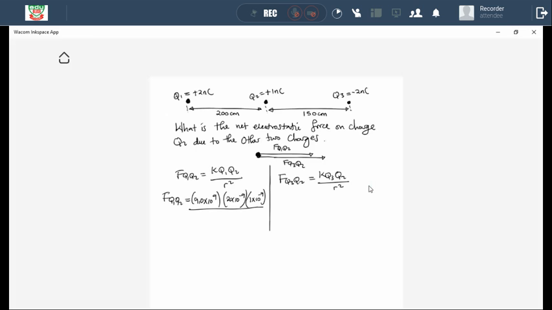Our distance is supposed to be in meters, that is centimeters, so you divide by 100 there, you get 2 meters, and don't forget to square. Is that okay? So you take your calculator, FQ1,Q2 is equal to, this is newtons, and according to our free body diagram, direction is right. Perfect. So I need my calculator here.